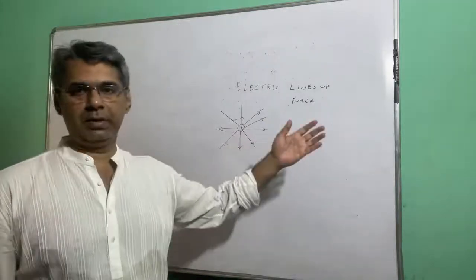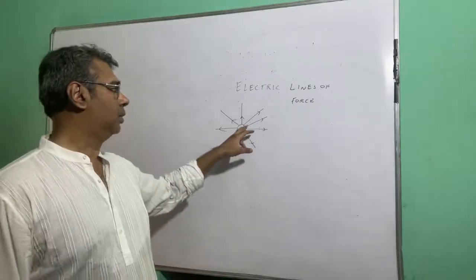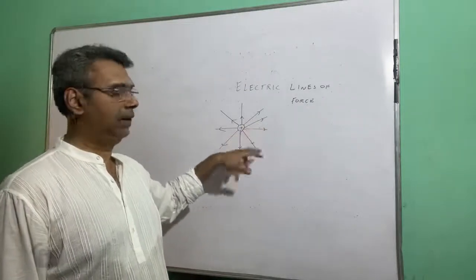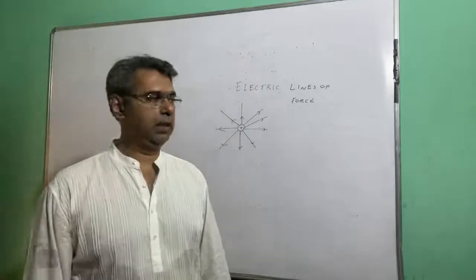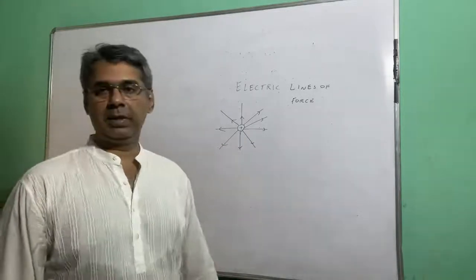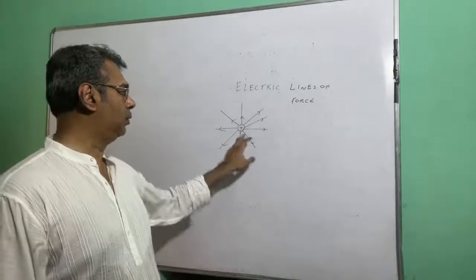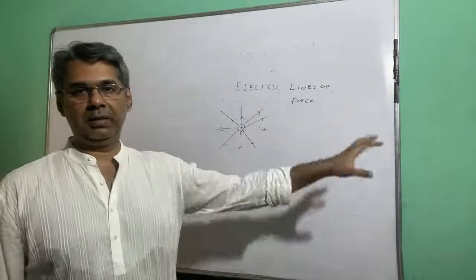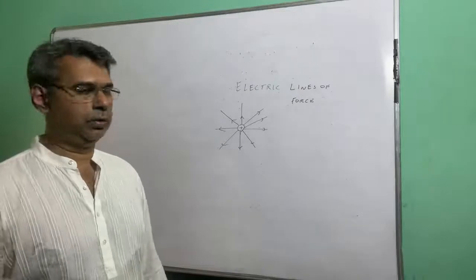Then this charge will obviously repel that charge. That repulsion will be directed away from the charge, and the direction of that repulsion is obviously the direction of the electric field. If you plot it as lines, they are called electric lines of field or electric lines of force.